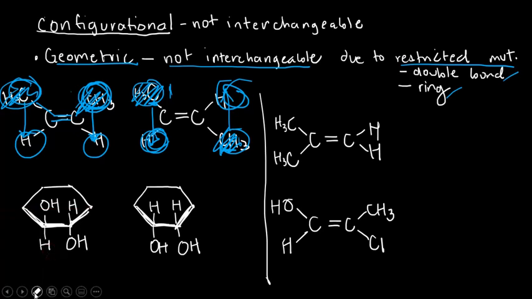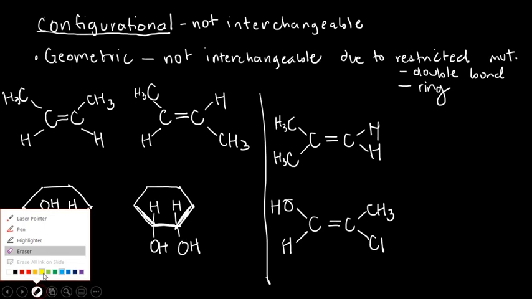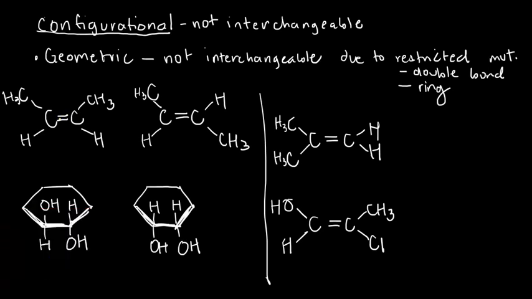And I think for a lot of people, you already know how to name things like this. So what we do first is for this double bond, or the area of restricted movement, we try to cut it into two halves. And then let's pay attention to each carbon that holds the double bond.